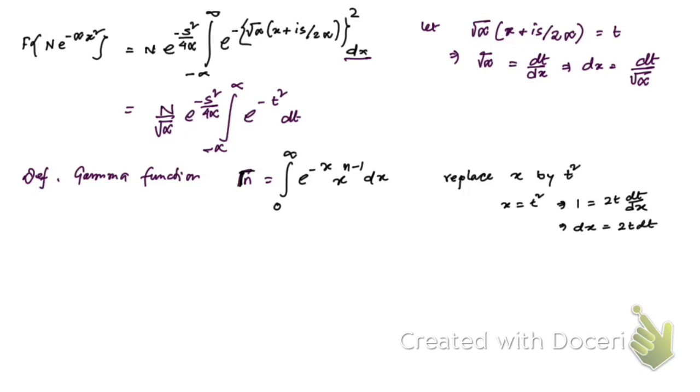So in that case this becomes, 2 is taken outside the integration, 2 times integral from 0 to infinity of e to the power minus t square, then t to the power twice n minus 2, right? So here x is replaced by this, and doing so we're going to have this.